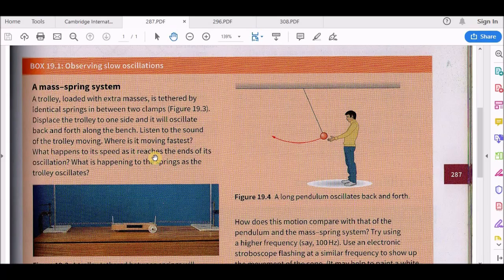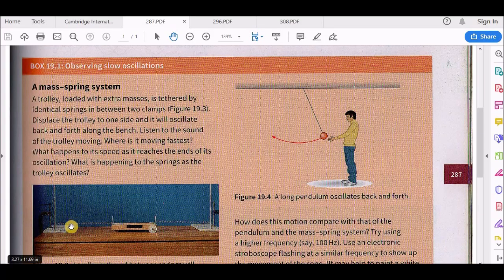What happens to its speed as it reaches the ends of its oscillation? It slows down. So once it passes the equilibrium position, and when it comes to the other end, it will decelerate. But from the position where it is at rest, when it comes to the equilibrium position, it accelerates.